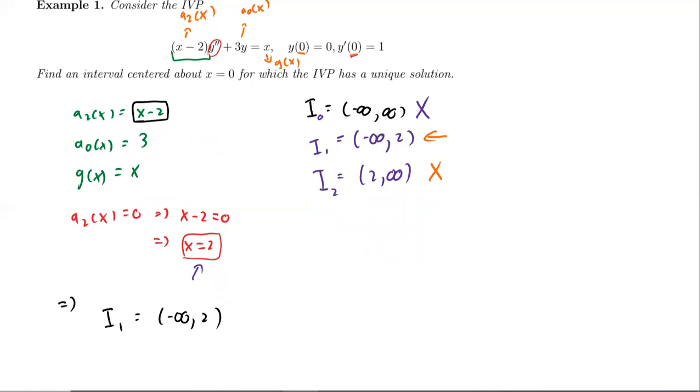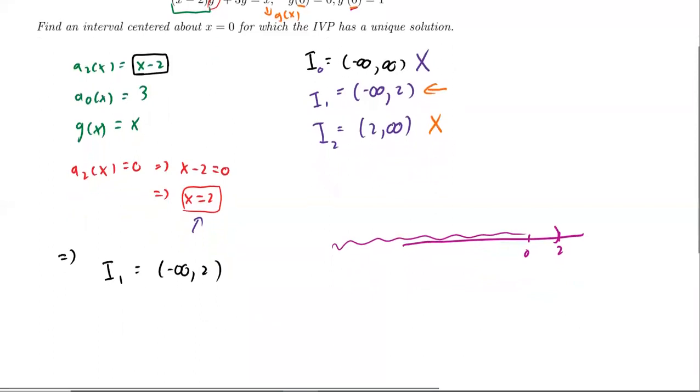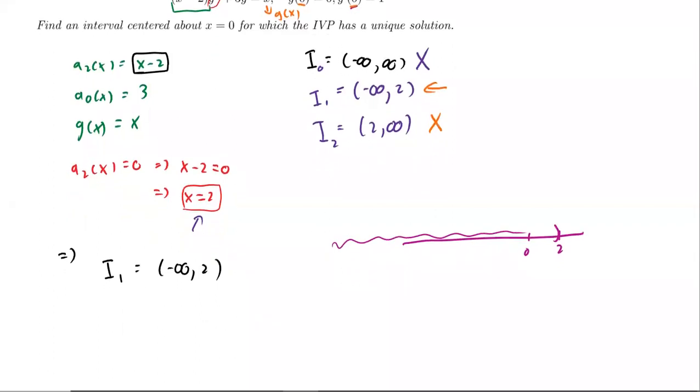If you were to plot it on a number line, you would have 0 here, 2 here is where the interval starts, and then you have all this in here up to negative infinity. So it's obviously not centered at x equals 0. So let's pick the largest interval centered at x equals 0.